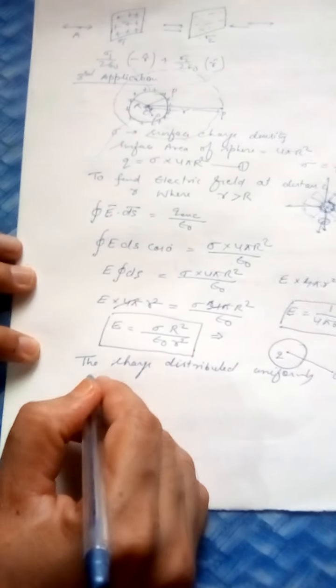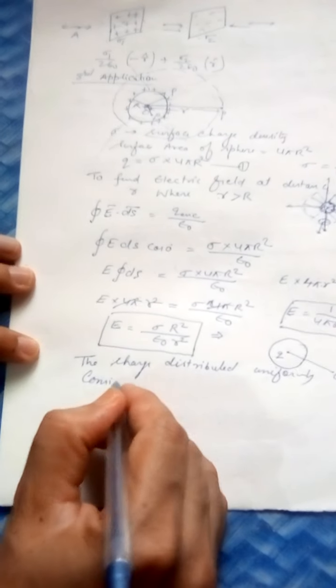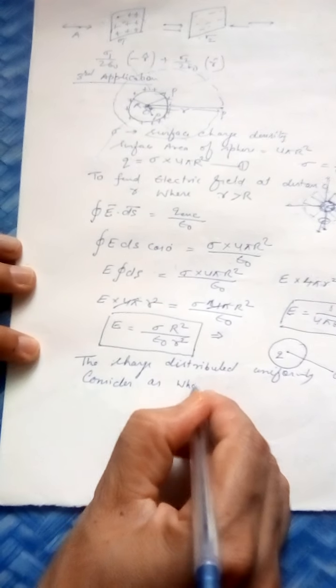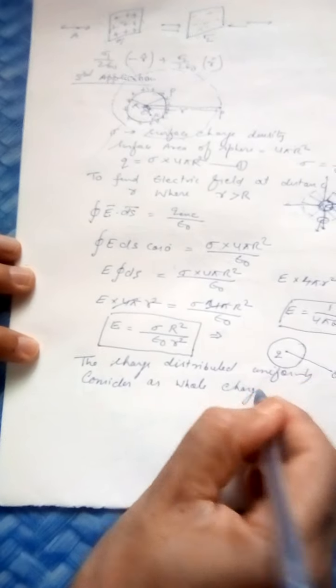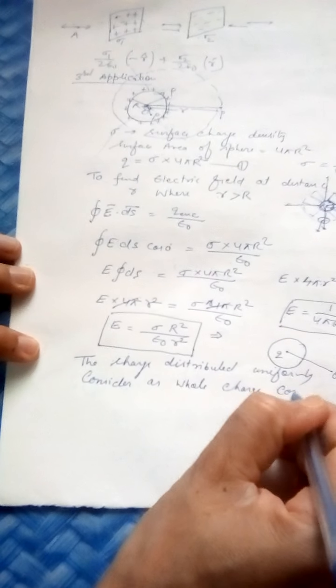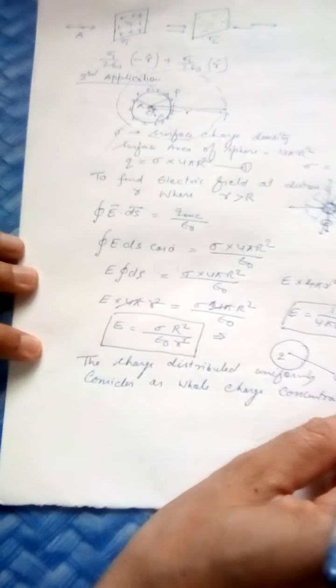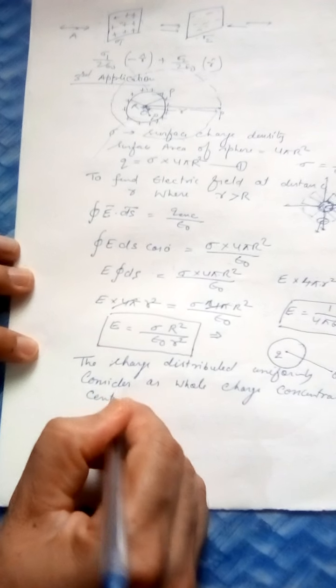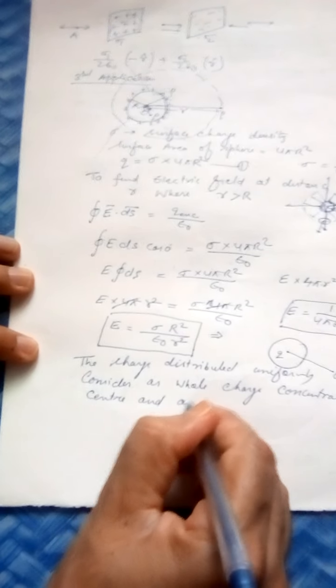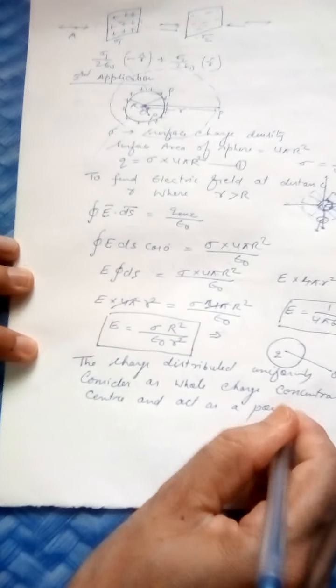The charge distributed uniformly over a sphere is considered as the whole charge concentrated at the center and acts as a point charge.